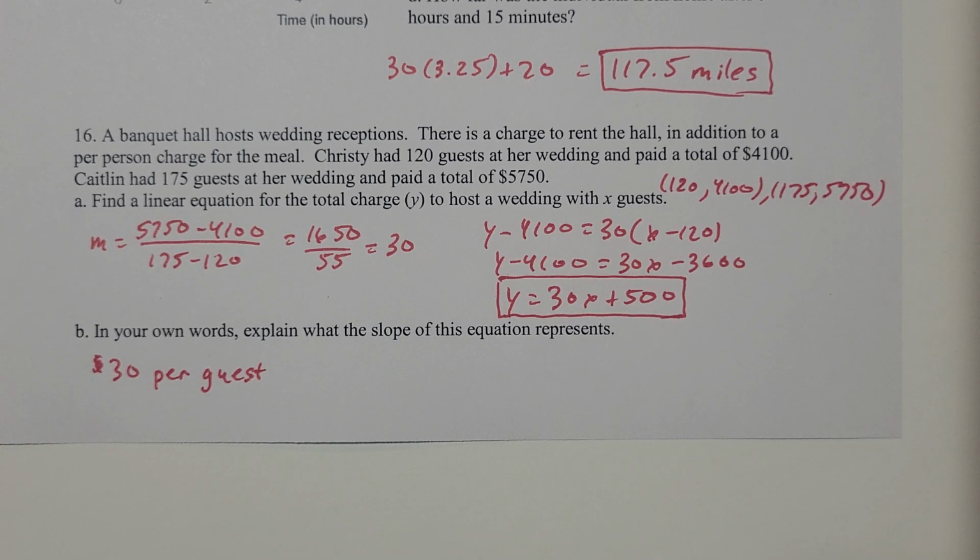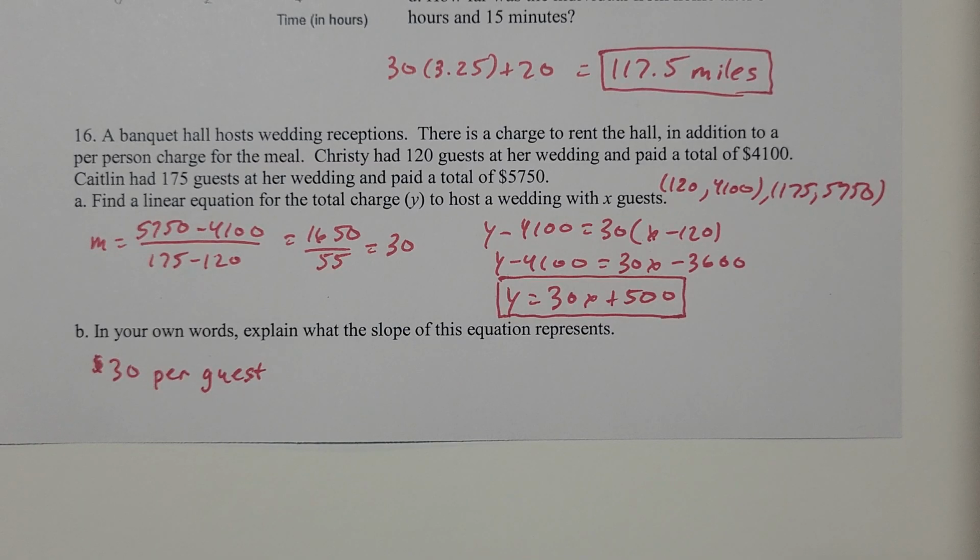Caitlin had 175 guests at her wedding and paid a total of $5,750. Okay, so part A, they want us to find a linear equation for the total charge y to host x guests.